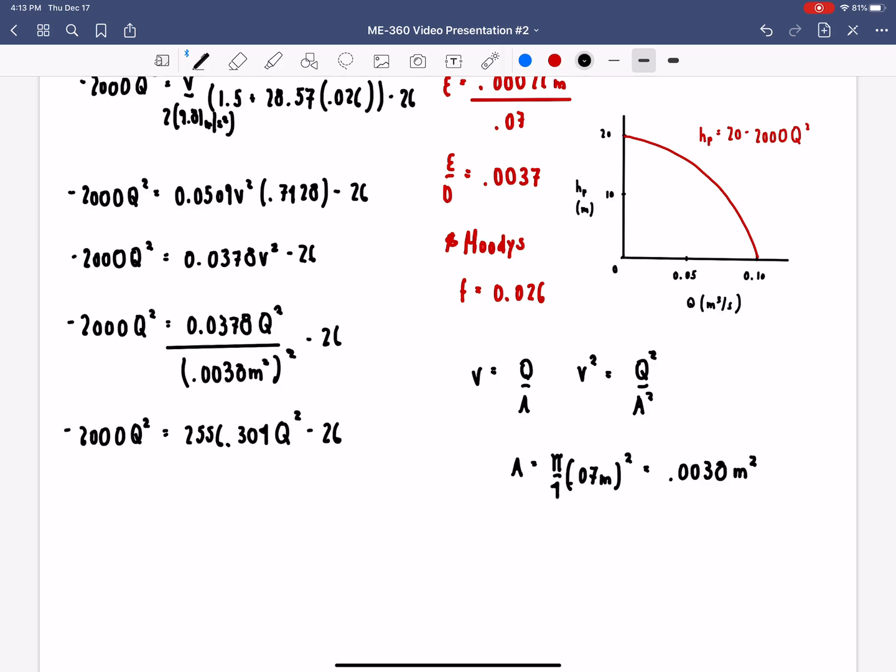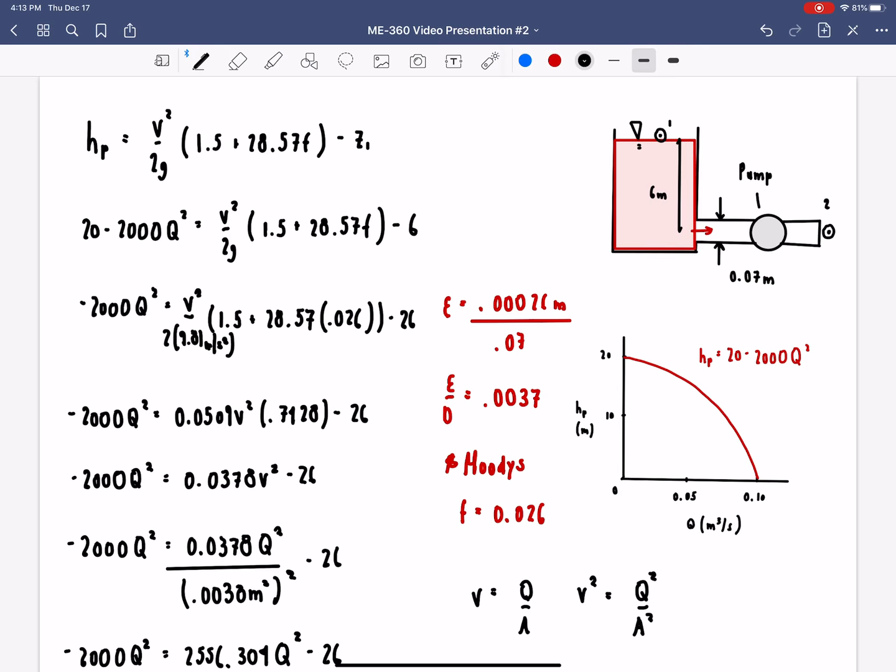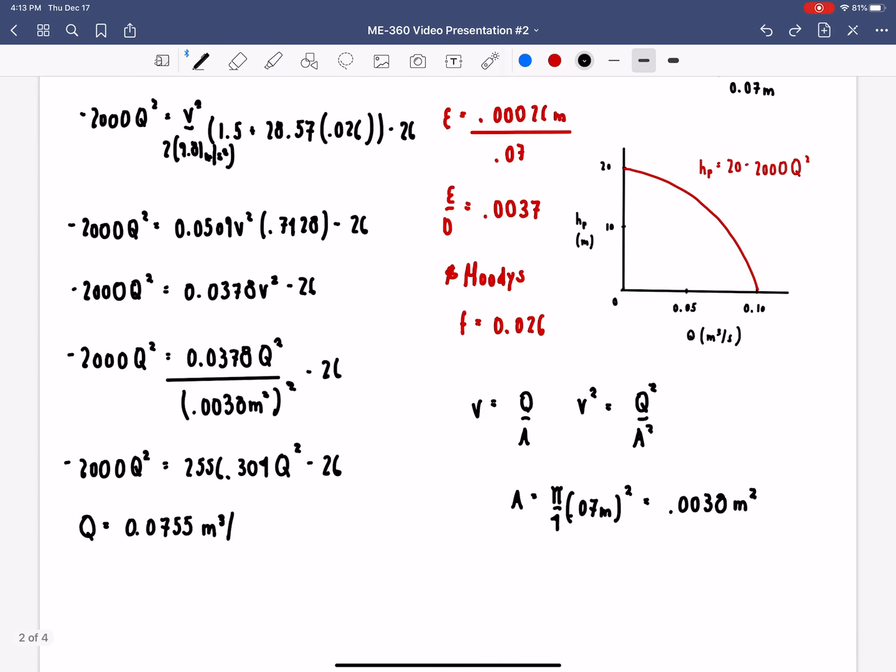And after solving for Q, subtracting 2,556 from each side, dividing by that value and square rooting, we end up with Q is equal to 0.0755 meters cubed per second. So that is our volumetric flow rate for this system, which is part A.